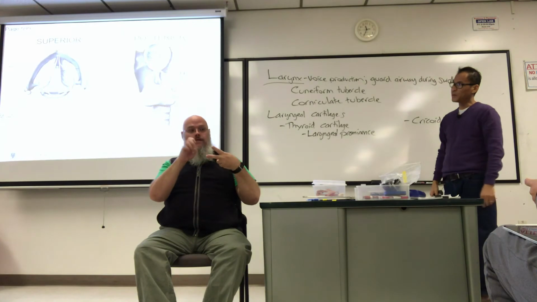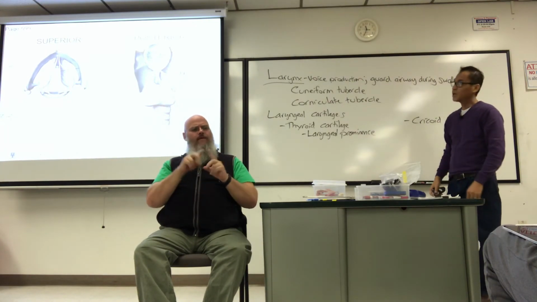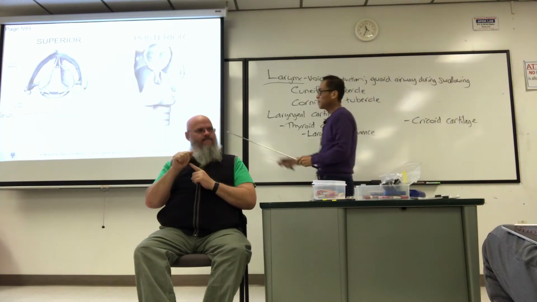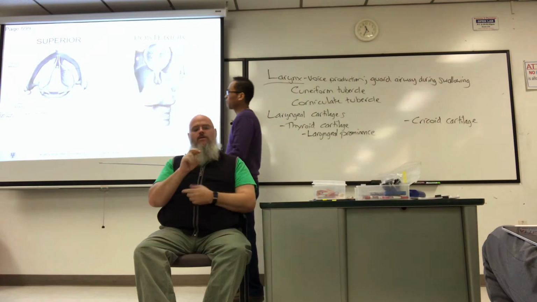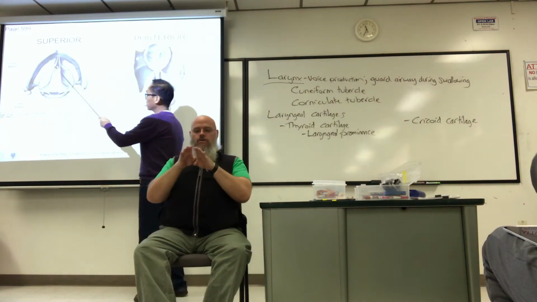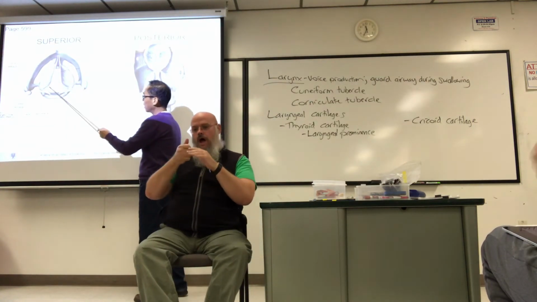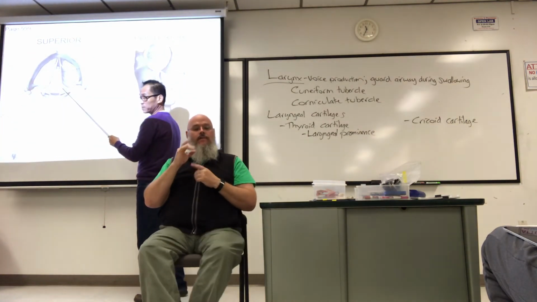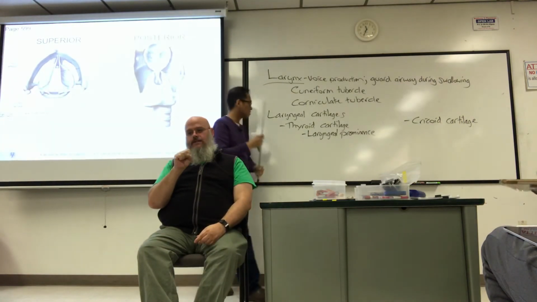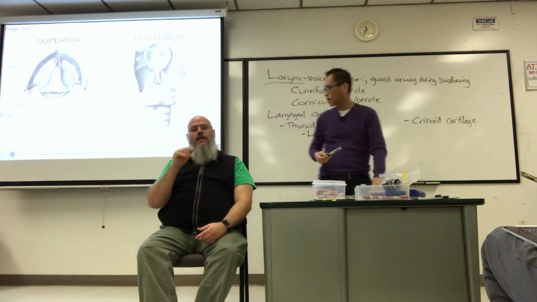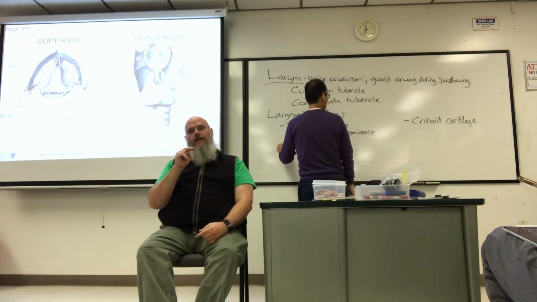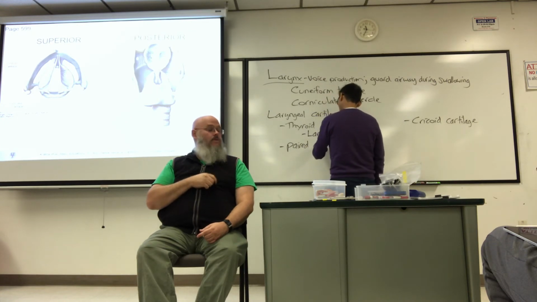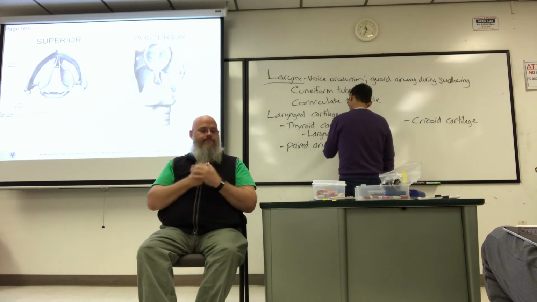From this view, superior and posterior, there's other things that we see. From the superior view, you can see why the larynx functions as a voice box, because the vocal cords, the vocal ligaments, as they're called here, form this upside down V. And they attach from the inside of the thyroid to these paired cartilages called the arytenoids. So note the paired arytenoid cartilages. Paired, because you got two of them, arytenoid cartilages.